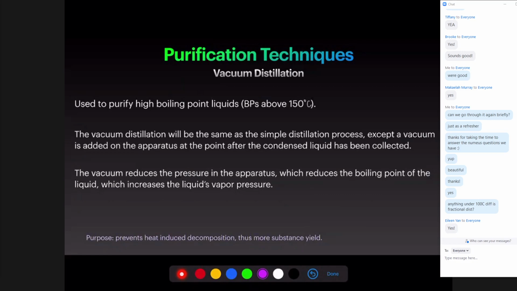The vacuum reduces the pressure in the apparatus, which reduces the boiling point of the liquid, which increases the liquid's vapor pressure. So the purpose of vacuum distillation is that it prevents heat-induced decomposition. So you'll get more substance yield.